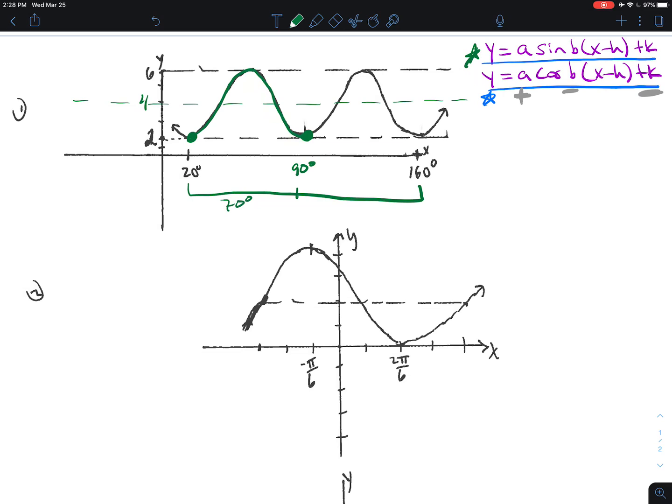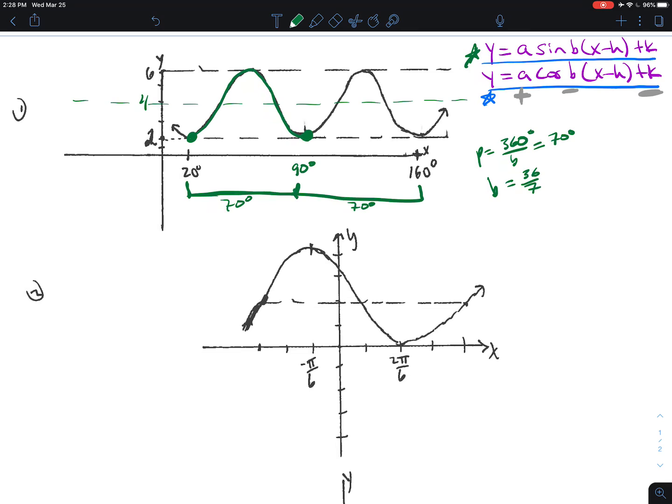So this is 70 degrees, and that's 70 degrees. So my period is 70 degrees for this period of this cosine curve. So I'm just going to be looking at that guy ultimately. So the period, which we know is equal to 360 degrees over b, and I know that my period is equal to 70 degrees, I can solve for b, and the b term ends up being 36 over 7. Not the prettiest number, but it's there.